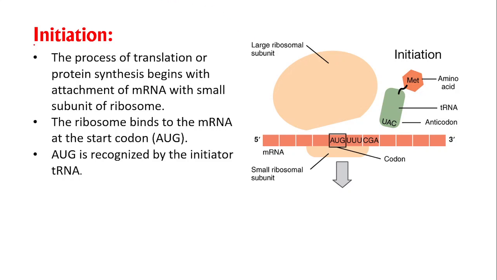The first step of translation is initiation. What exactly is meant by initiation? It is the first step of translation in which the smaller subunit of the ribosome gets attached to the mRNA.